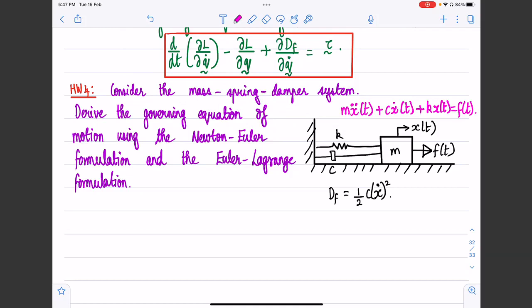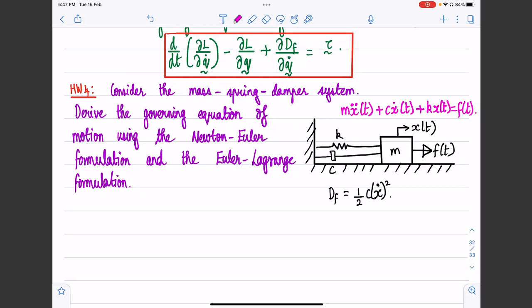However, please do all the steps and follow the processes that we have established for the Newton-Euler formulation and the Euler-Lagrange formulation, and get this equation.